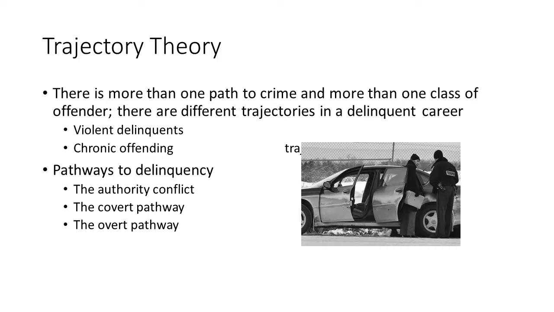And then the third path, the overt pathway, in which the first step is marked by minor aggression, such as annoying others and bullying, and this happens around the age of 11 and 12. Bullying was found to escalate into physical fighting and violence as the juvenile progressed along this pathway. The overt pathway eventually leads to violent crimes, such as robbery, rape, and assault.